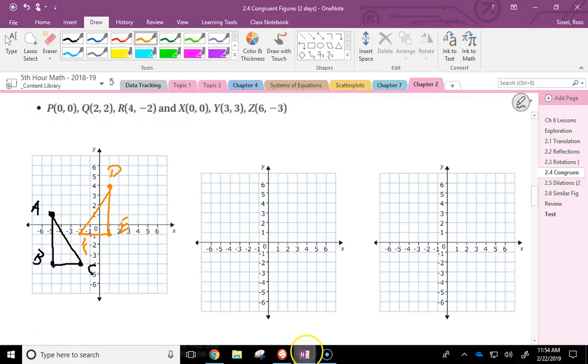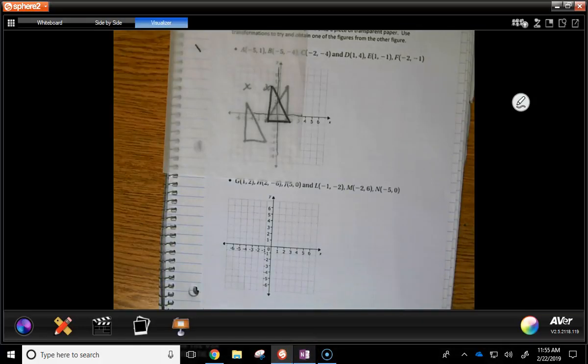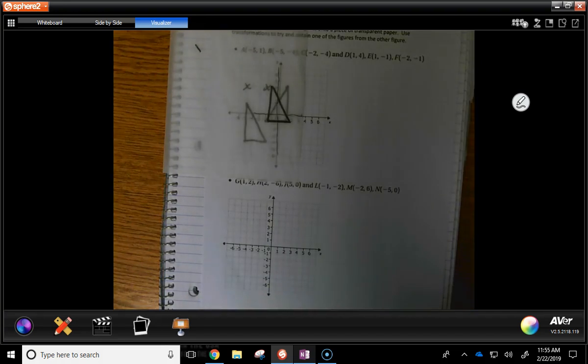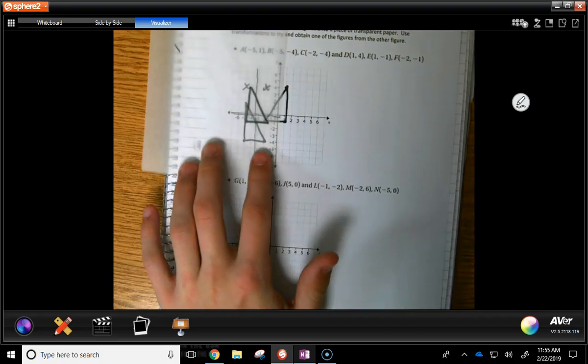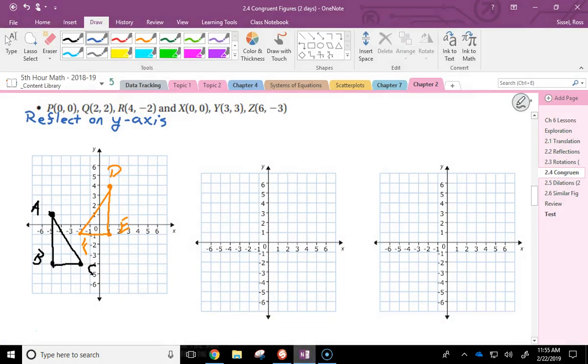Okay, so hold on. Let me write this down. You're saying reflect on y-axis. Okay, so we reflected on y-axis, and now you want me to translate which direction? To the left. Okay, so translate left. How many units am I going to go left? 3. Yeah, 3. Okay, so go ahead and slide it left 3. Yeah, you were right.